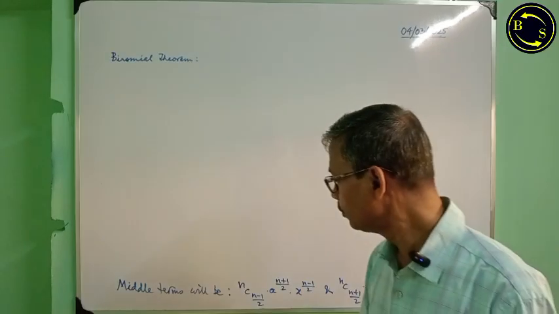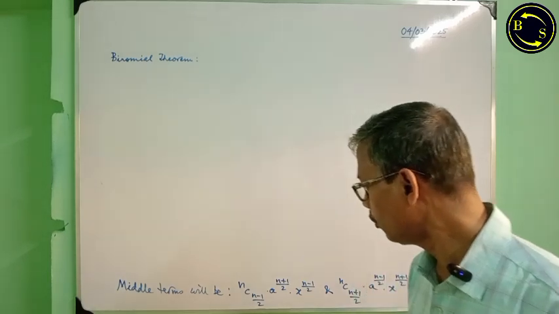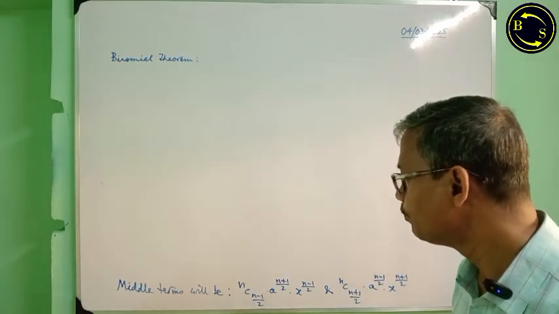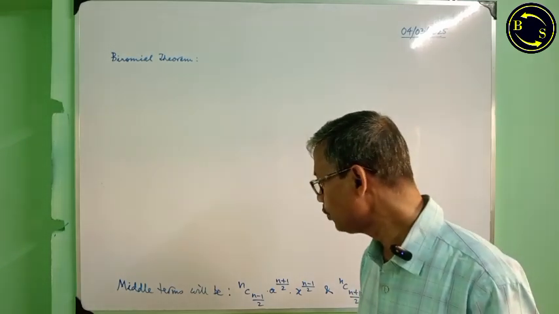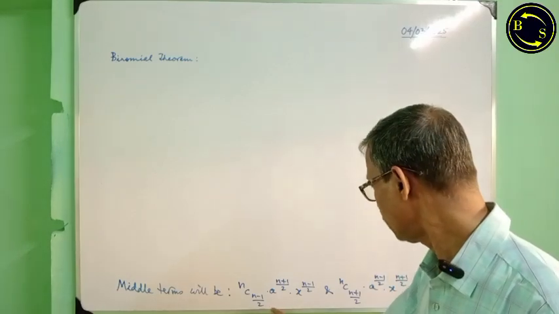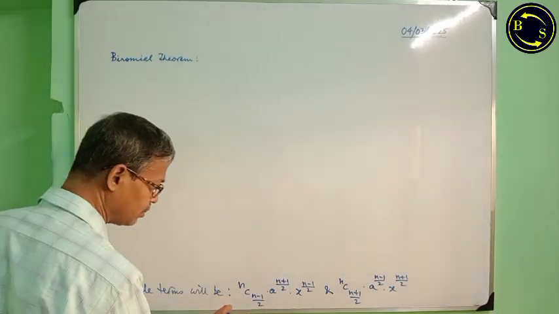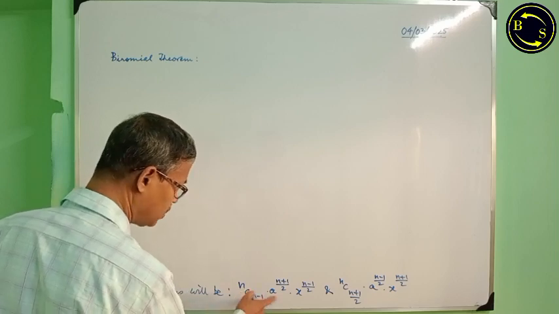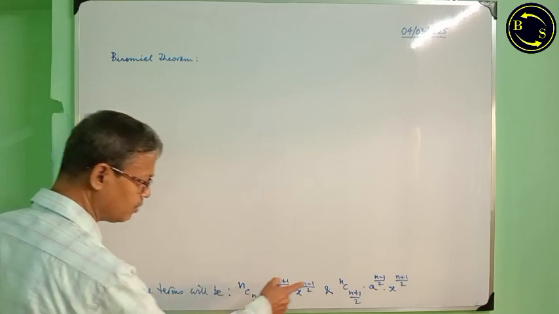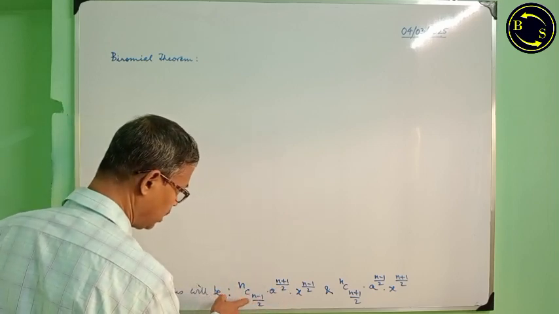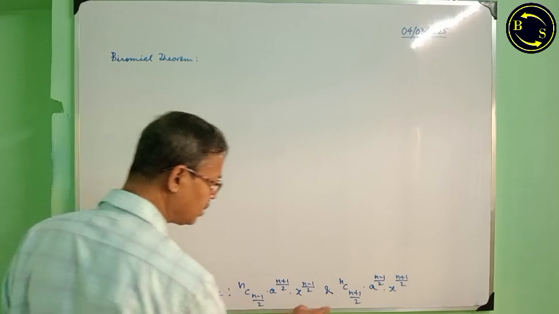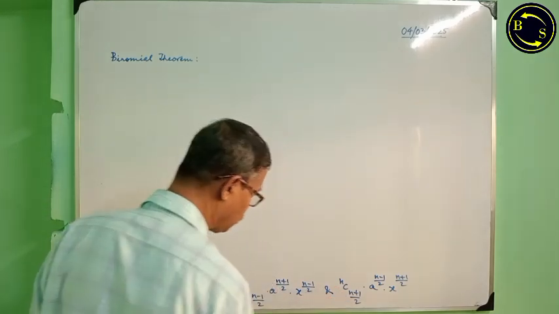In case of n positive odd, we have shown the expansion will have two middle terms, and the middle terms are these. Now, interestingly, the coefficients of the middle terms are nC(n minus 1)/2 and nC(n plus 1)/2.